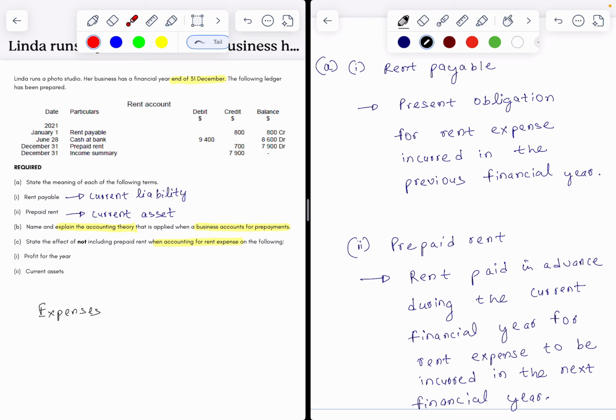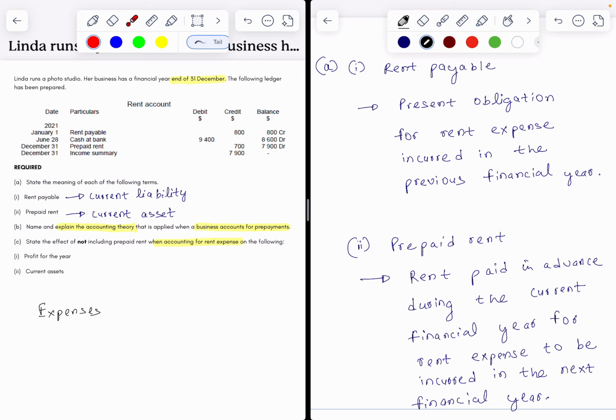So therefore what we are doing is that to offset the entire $7,900 debit we had at the end of previous transaction, we have to show that we are transferring as part of the closing entry to the income summary account at 31 December 2021 an amount of $7,900, which refers to the actual rent expense we have incurred for the financial year starting 1 January 2021 and ending 31 December 2021. So when that 7,900 credit gets offset against 7,900 debit, what we end up with ultimately is a net balance of zero, which is what you can see here.